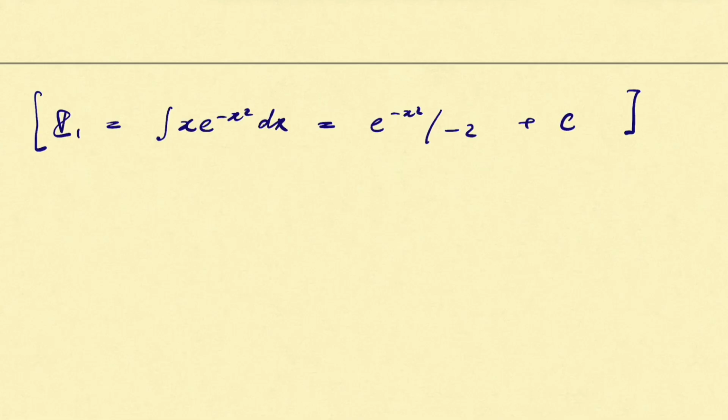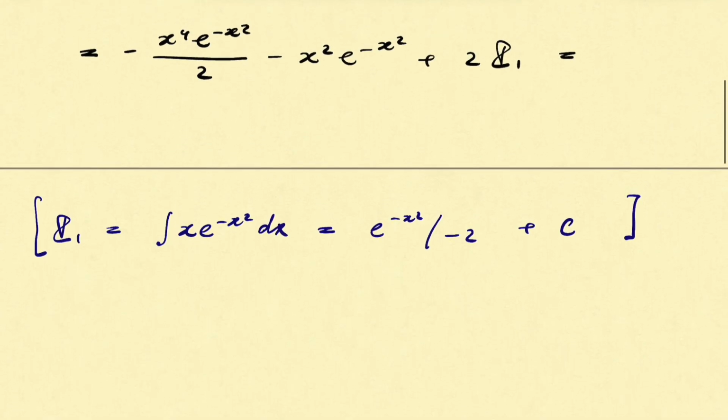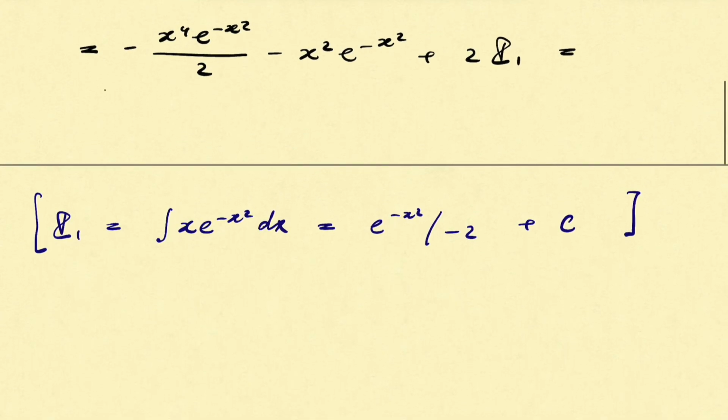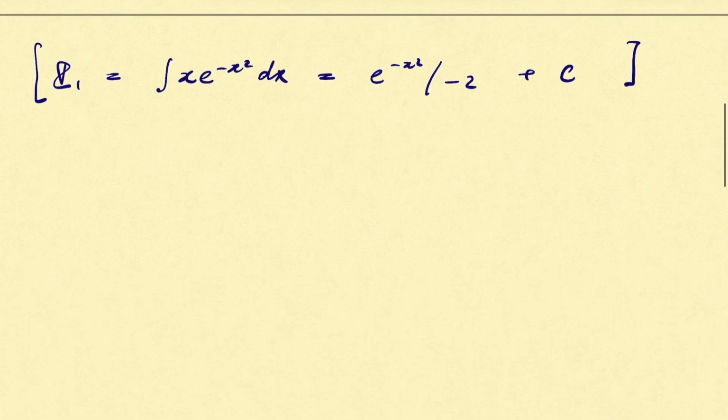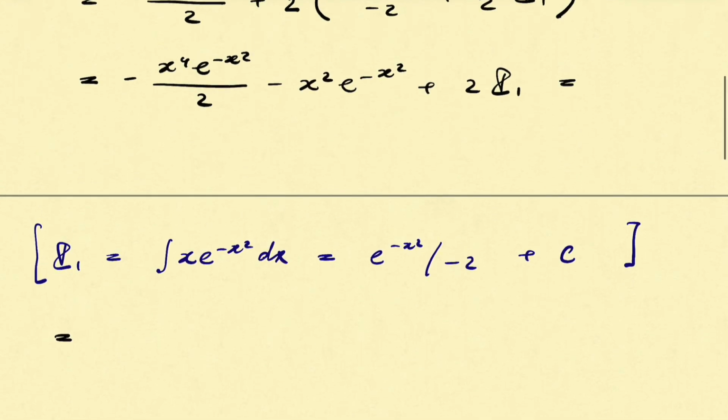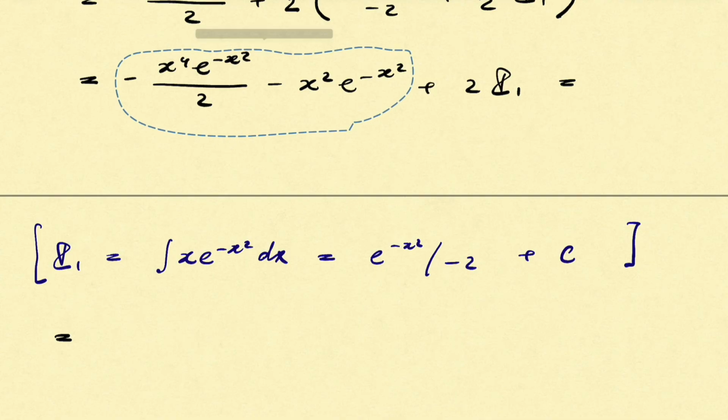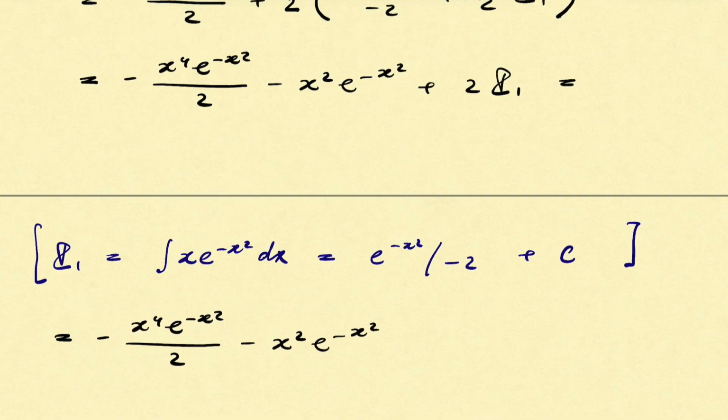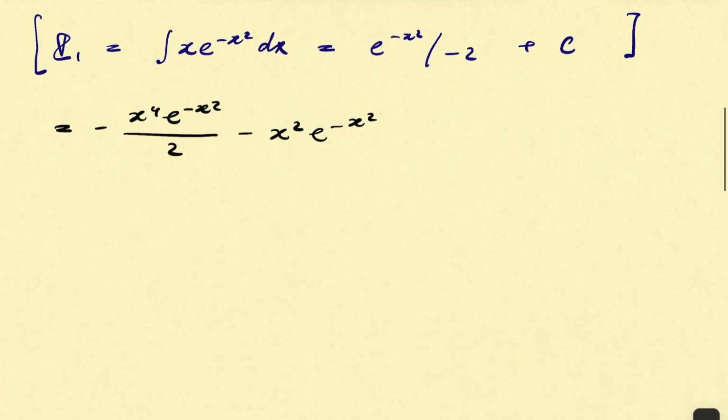Again, I'm reminding you that if we take a derivative of e^(-x²) over -2, we obtain x times e^(-x²). So our integral, we are here currently, is equal to, I'll just copy this to not lose time, plus 2 times, we open up the braces, e^(-x²) over -2 plus c.